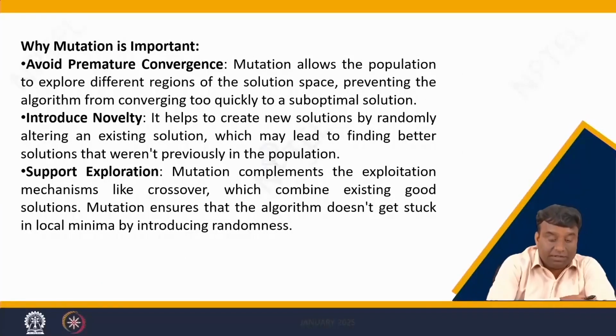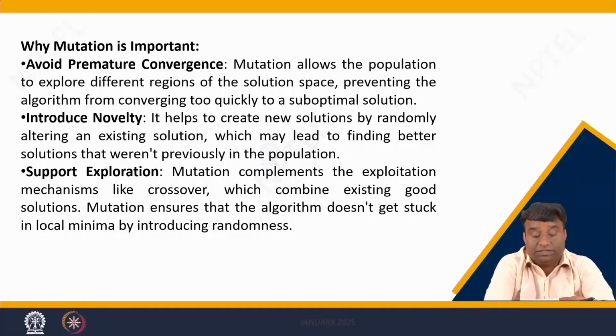Why is mutation important? It avoids premature convergence. Mutation allows the population to explore different regions of the solution space, preventing the algorithm from converging too quickly to suboptimal solutions.